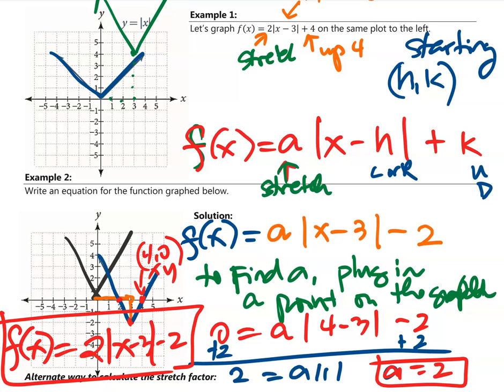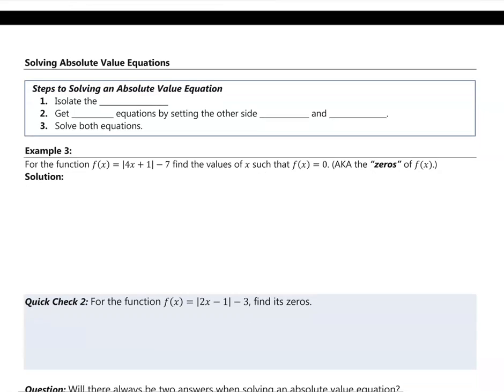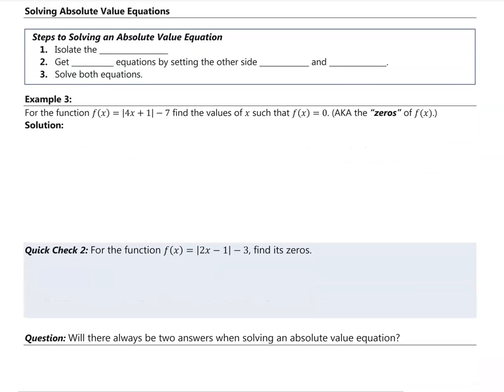All right. Since we graphed the absolute value function and we wrote an equation of an absolute value function given a graph, this time we're going to solve absolute value equations. There are steps to solving an absolute value equation.